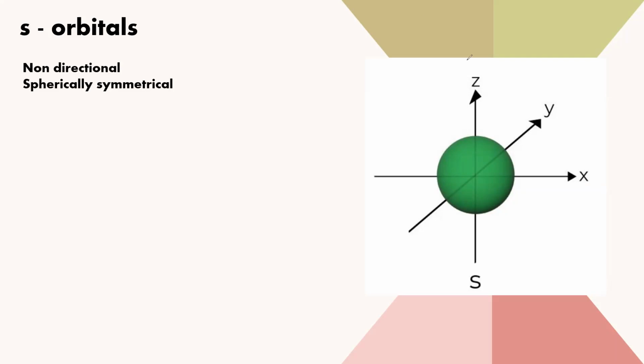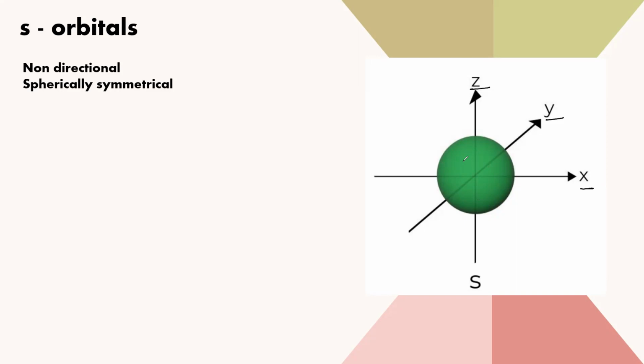Here you can see the diagram of the s orbital. It is basically a sphere, and it is symmetrical. This is my z-axis, this is my y-axis, and this is my x-axis, and I have drawn it in the form of a symmetry. So these orbitals are symmetrical.